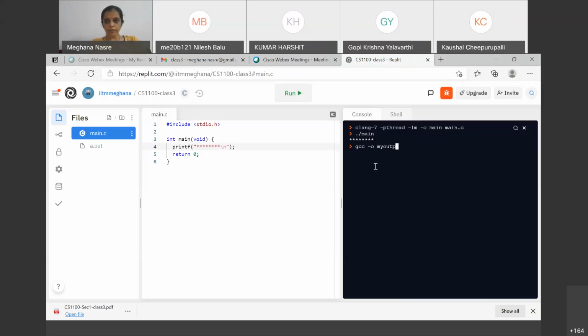This my output will be the name of the executable, but the input is main.c. That is, main.c is going to get compiled, and the output can be anything else. Let's say my output. And then if you do ls, you will see that there are actually now 3 executables. One is my output, one is main, and the other is a.out. And the C source code is main.c.